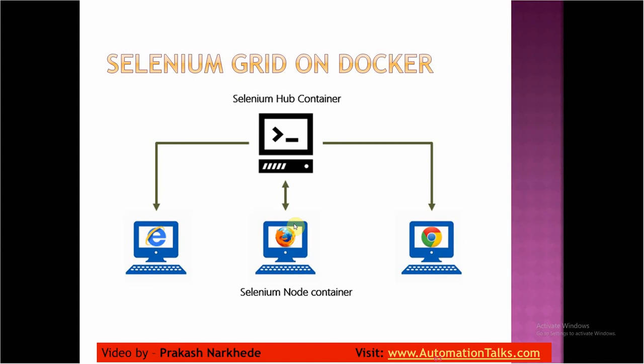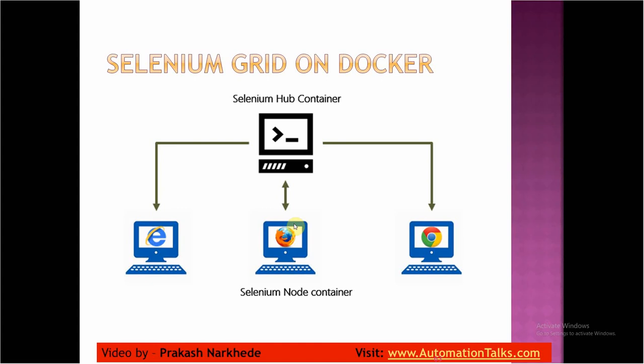Okay, so the concept of Selenium grid, we all are aware. Selenium grid has one centralized hub and various nodes connecting to it. From the Docker point of view as well, on similar lines, we have a Selenium hub container and Selenium node containers.